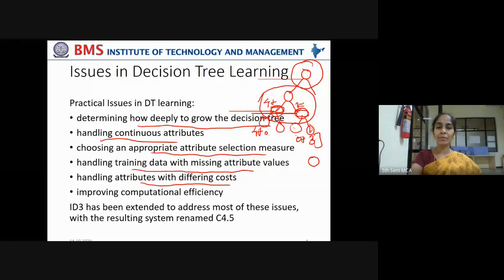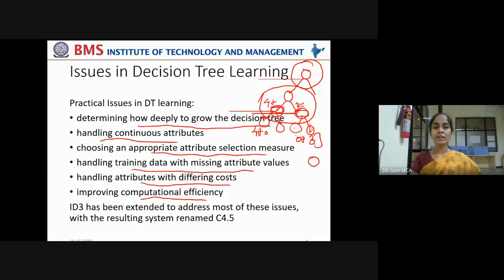And improving computational efficiency. While you're expanding your tree, while the decision tree is growing more and more complex, the efficiency of the model will reduce. Why? Because it will take more time to predict something, going through all the branches and all the levels of the decision tree. In that case, how to improve the computational efficiency? By reducing the complexity of the decision tree.